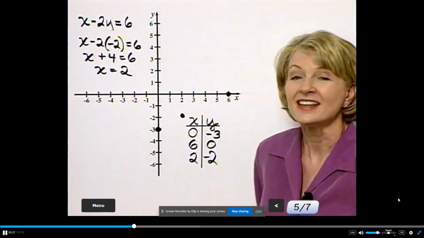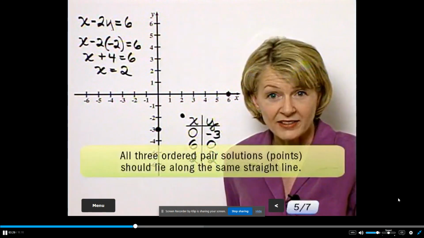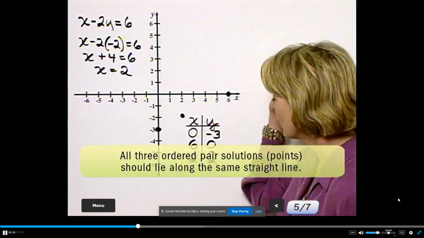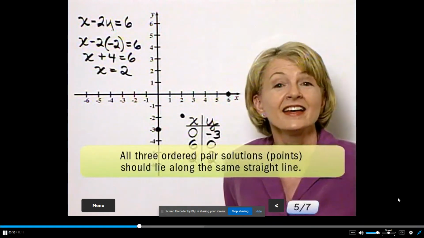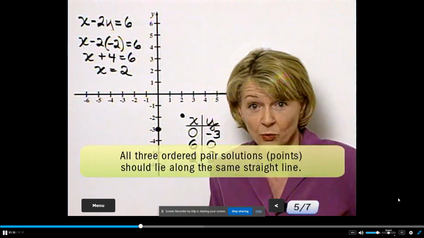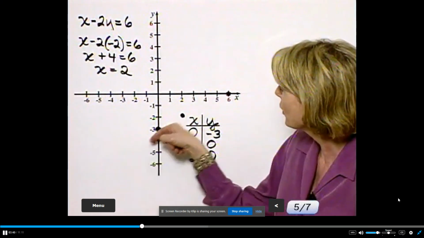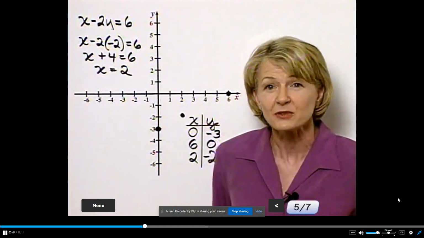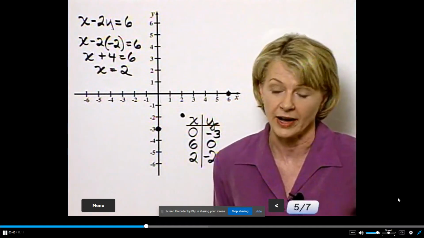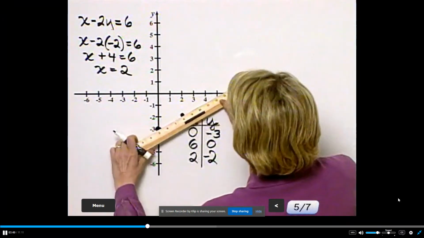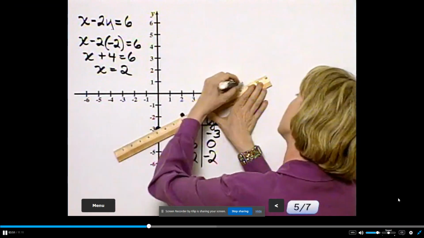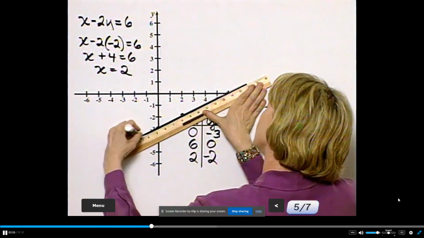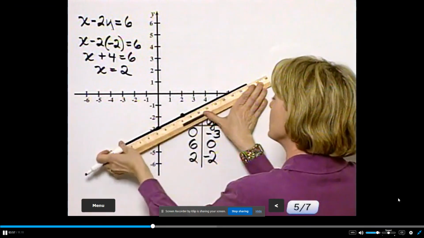Then you need to see if your 3 ordered pair solutions all lie along one straight line. In this case, they do lie along one straight line. So we'll draw a line through these 3 points, and we'll have the graph. Let's draw our line. Let's talk about what this line represents.